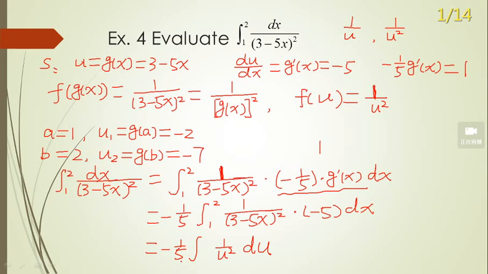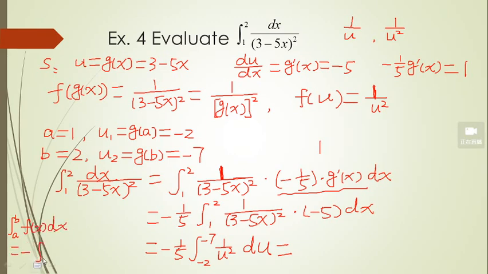Now what is my g(a) and g(b)? Be careful. g(a) is minus 2, g(b) is minus 7. Now here you will notice that the lower limit is a greater number than the upper limit. How can we rewrite it? Recall the formula. The integral from a to b of f(x) dx equals minus the integral from b to a of f(x) dx. There is one rule, okay?